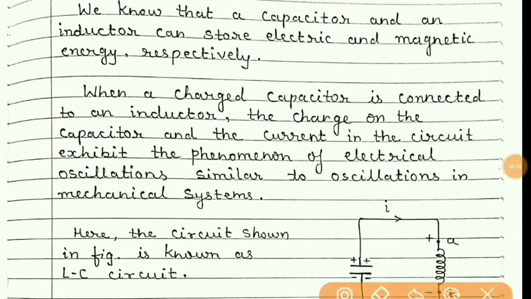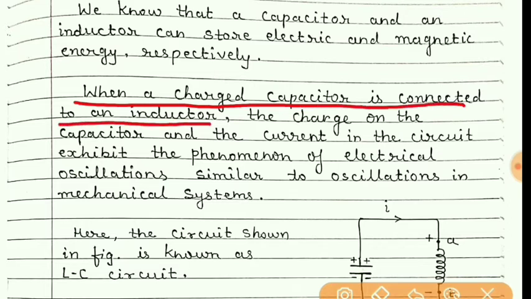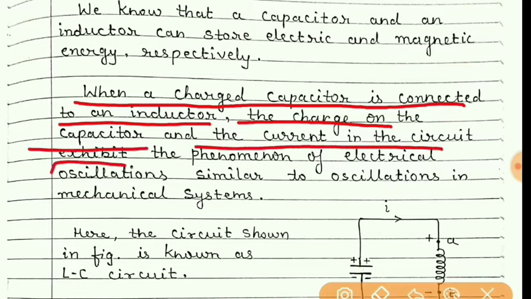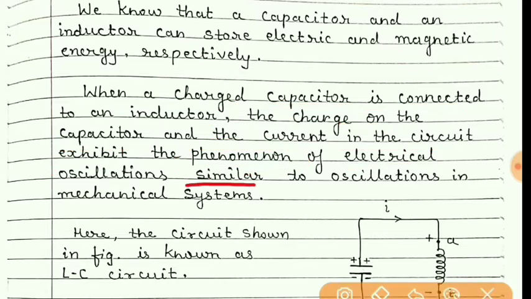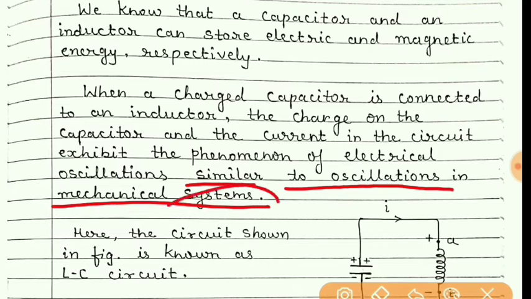So students, it is clear that when a charged capacitor is connected to an inductor, the charge on the capacitor and the current in the circuit exhibit the phenomena of electrical oscillations, and these electrical oscillations are similar to the oscillations in mechanical systems.